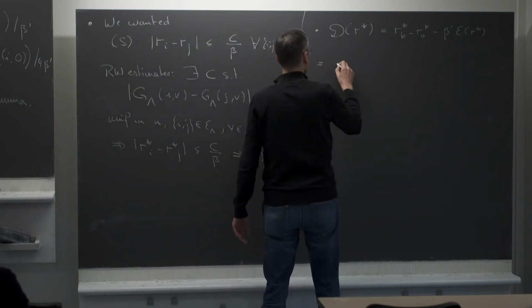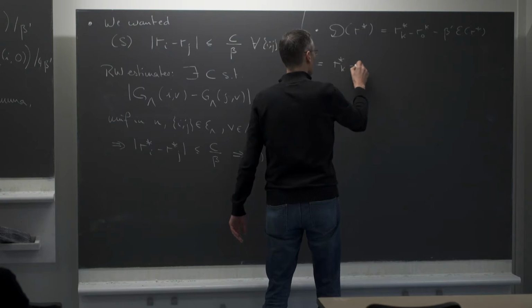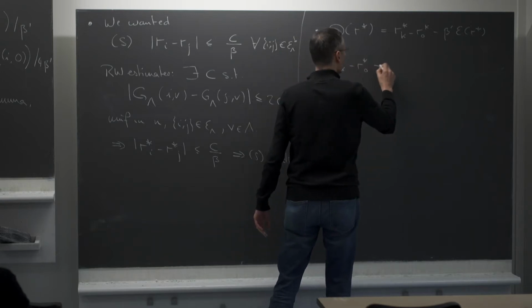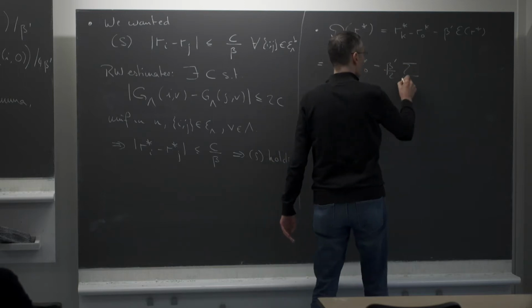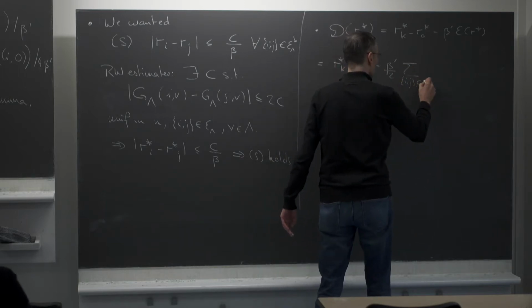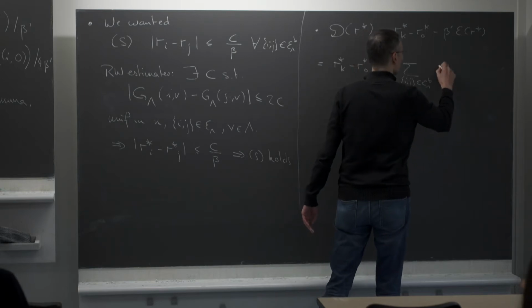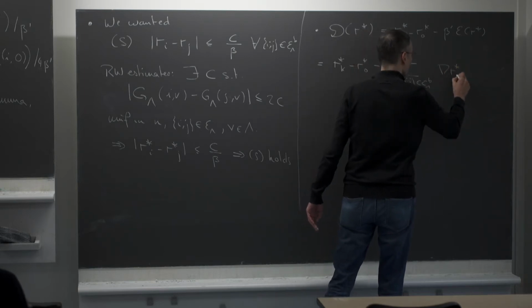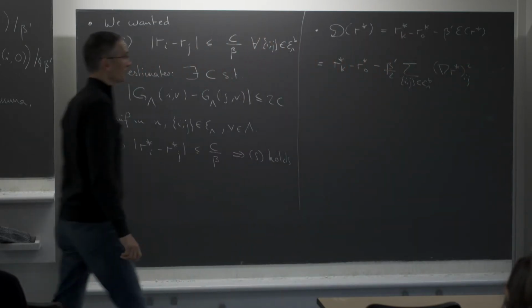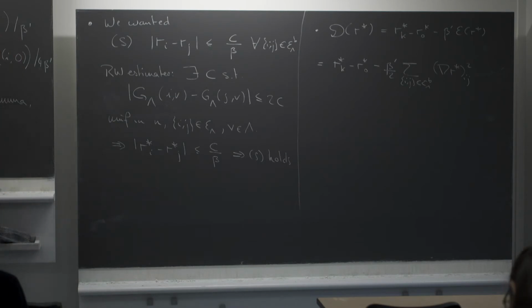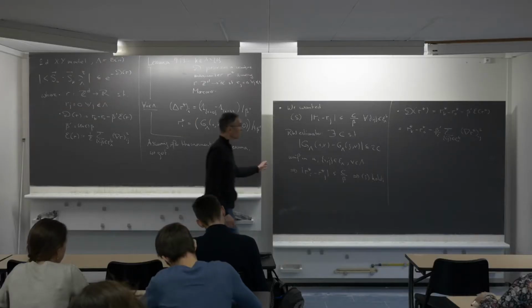So this will be R star k minus R star 0 minus beta prime over 2 sum over all ij in E lambda of the gradient of R star ij squared. Okay, we've just written down explicitly this Dirichlet energy.